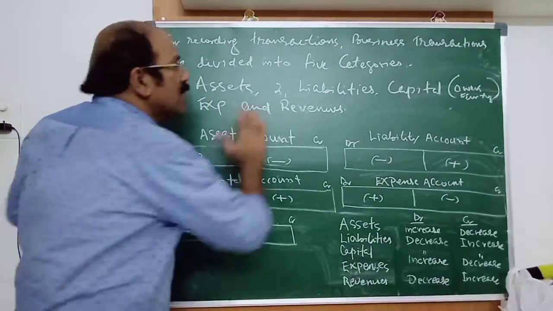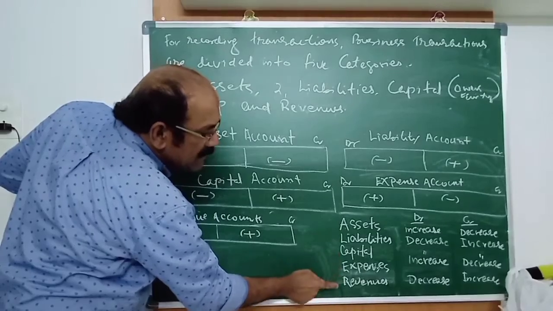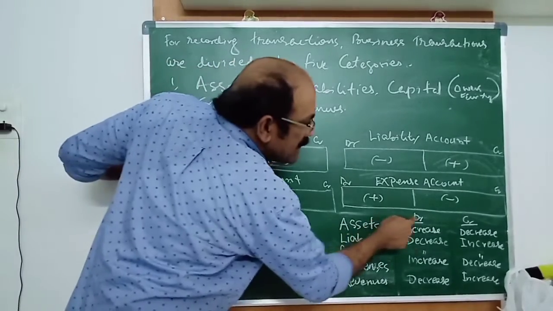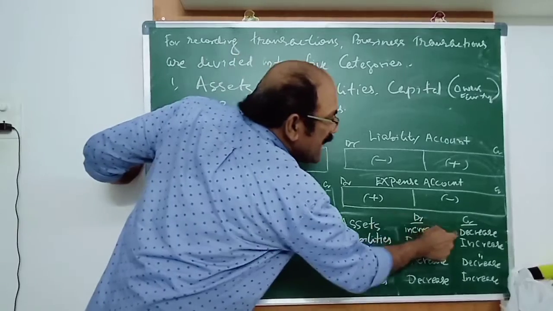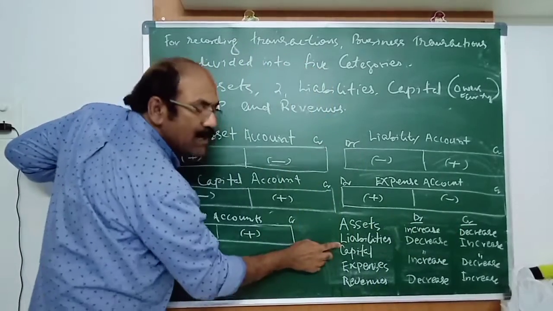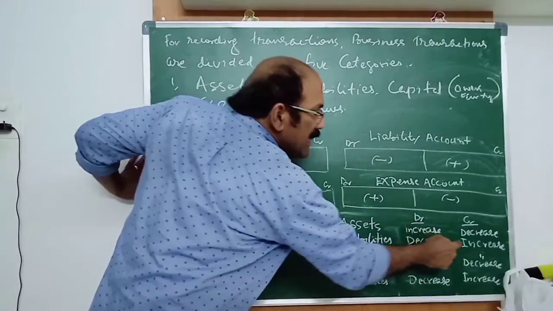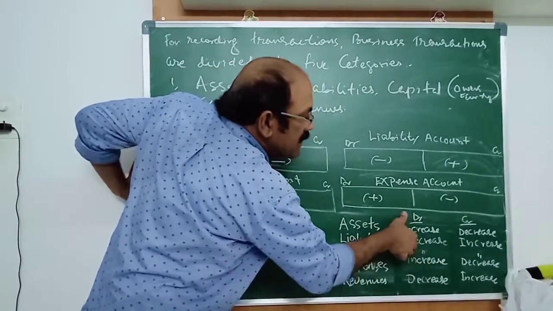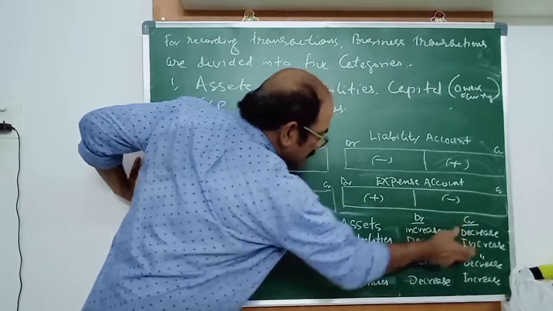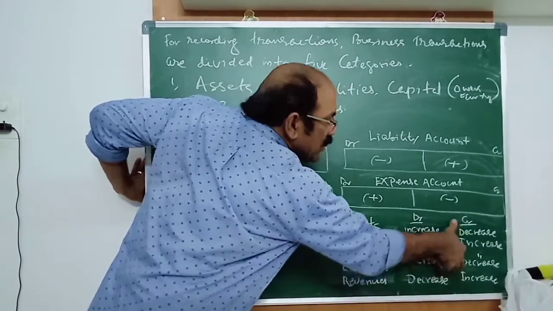So you can take this as a summary: asset, liability, capital, expense, and revenue. Asset, increase when you debit, decrease when you credit. Liabilities, decrease when you debit, increase when you credit. Capital, decrease debit, increase credit. Expenses, increase when you debit, decrease when you credit.